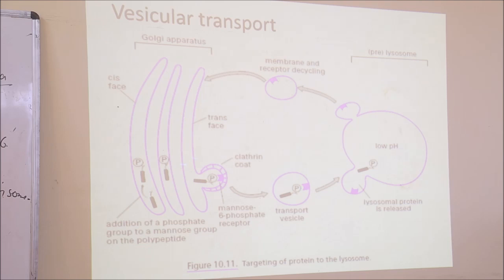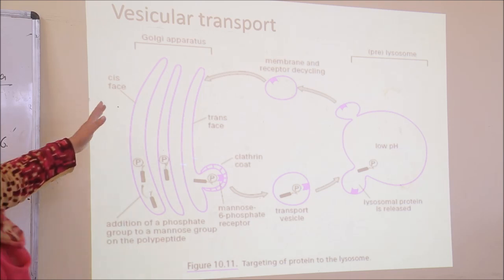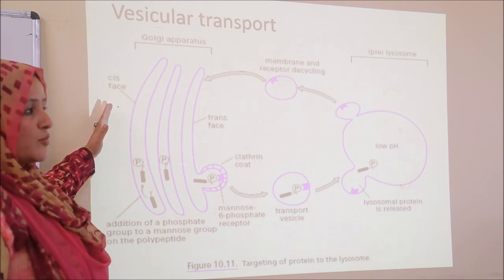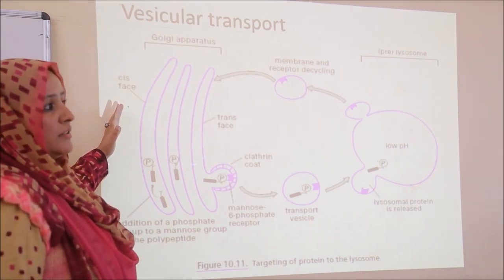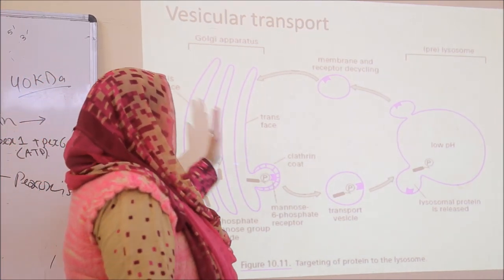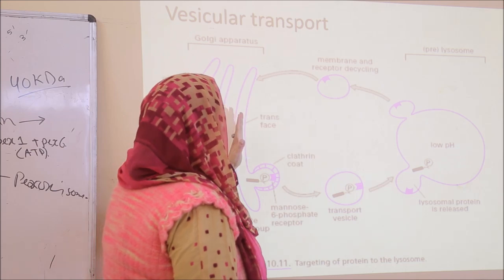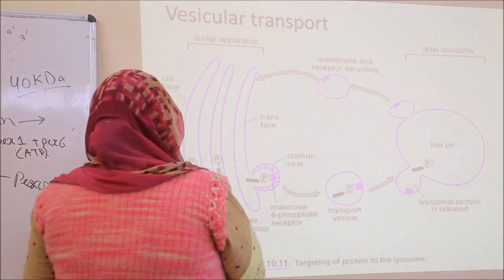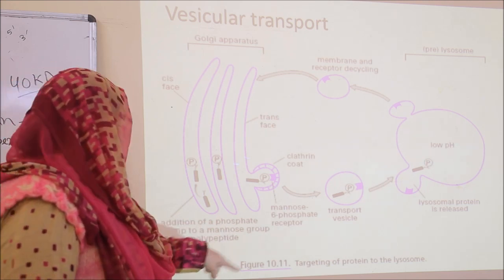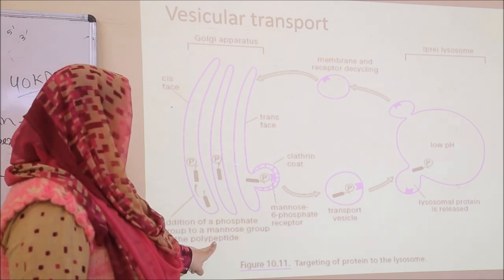Now, targeting of proteins to the lysosomes. First the proteins are translated on the rough endoplasmic reticulum, then vesicles come to the Golgi bodies and fuse with the Golgi apparatus. Then these proteins get the addition of a phosphate group to the mannose group on the polypeptide chain.